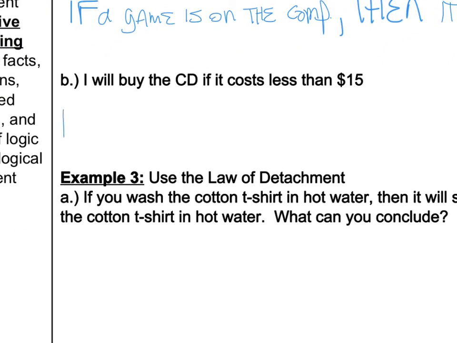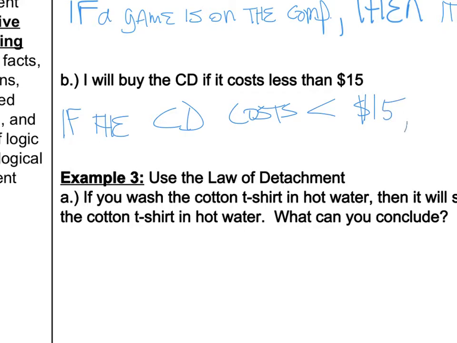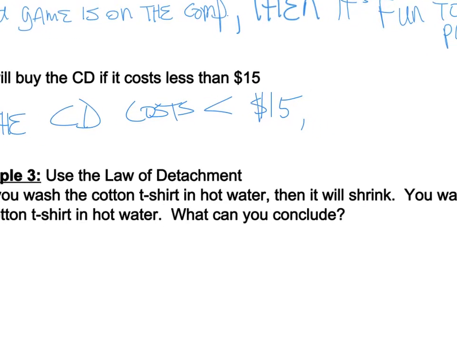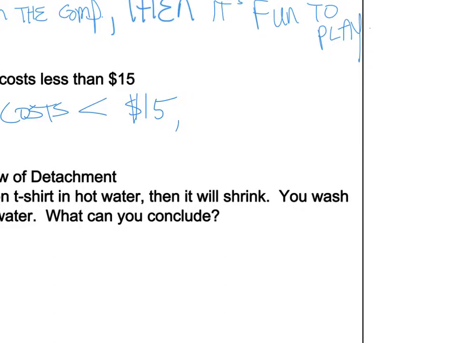If the CD costs less than $15, so if the CD costs, I'm going to use the less than symbol, less than $15, comma, always put a comma after the if statement. So if it costs less than $15, then I will buy it.